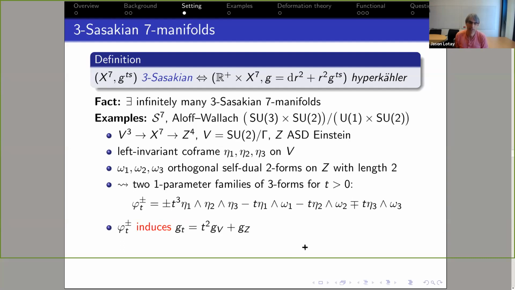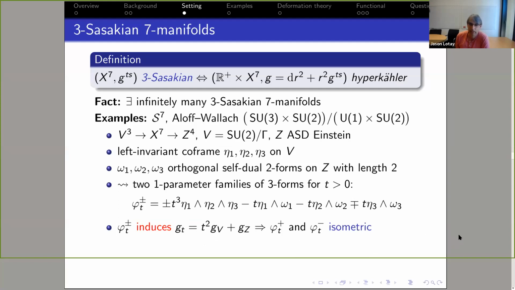So that means we can interpret this parameter t as being the size of the fibers. And there's no typo here. This side does not depend on plus or minus. So whichever sign you pick here, you induce the same metric. And so what that says is that these are isometric structures. So they induce the same metric.